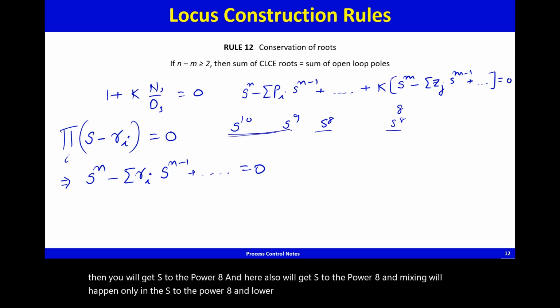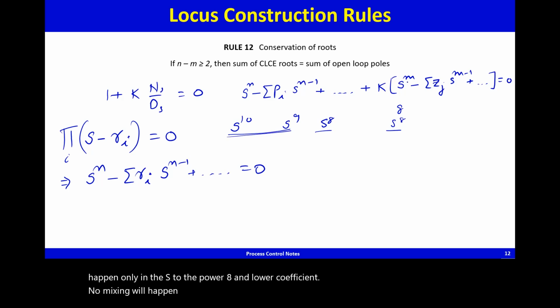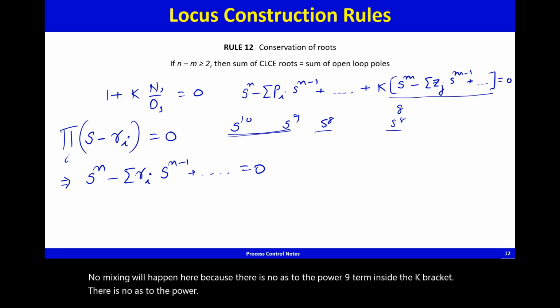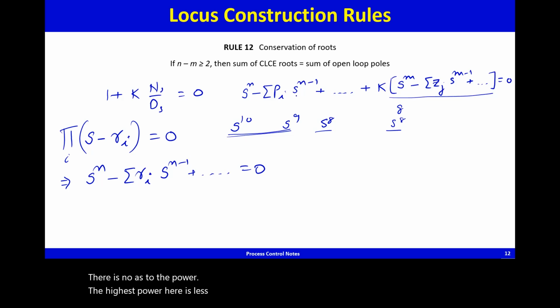No mixing will happen in the higher ones because there is no s to the power 9 term inside the k bracket. The highest power here is less than n minus 1.